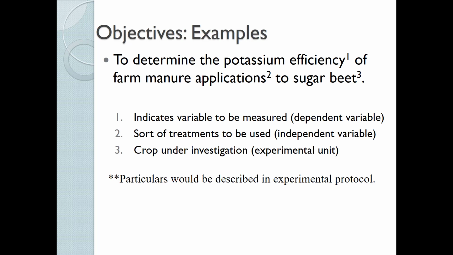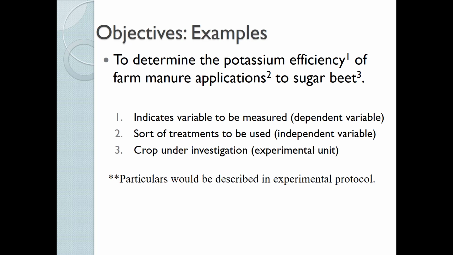And then the third component to this is the experimental unit. So it's all well and good to measure potassium efficiency and manure applications, but you have to designate what the experimental unit's going to be. And in this case, the sugar beet is the crop under investigation.